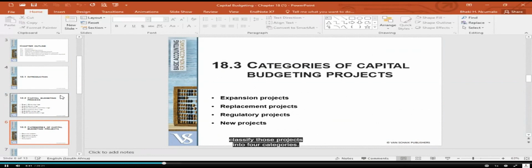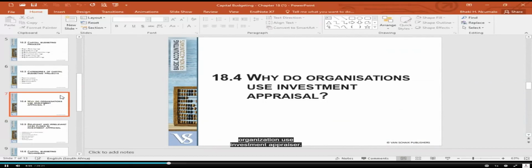Why do organizations use investment appraisal? So 2 things that we consider here, which is why the organization uses investment appraisal. There are 2 items that we need to consider. Number 1, it has to make a decision regarding the asset to be acquired. So in other words, an organization has to deal with 2 decisions in order to address its capital budgeting alternatives.